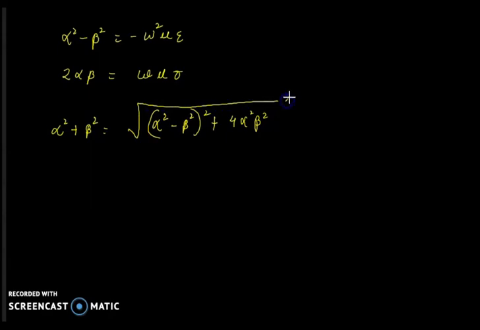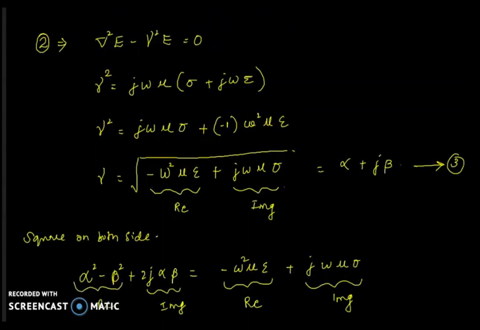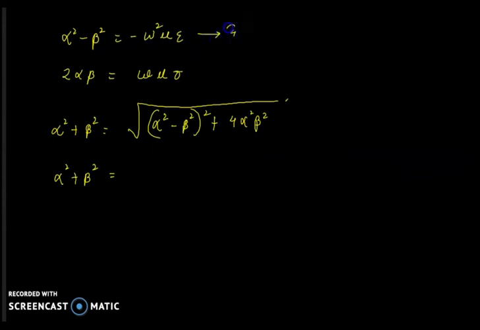Let us take alpha square minus beta square as equation number 4 and 2 alpha beta as equation number 5. Substituting 4 and 5 here, this becomes omega power 4 mu square epsilon square plus 2 alpha beta whole square, that is omega square mu square sigma square.